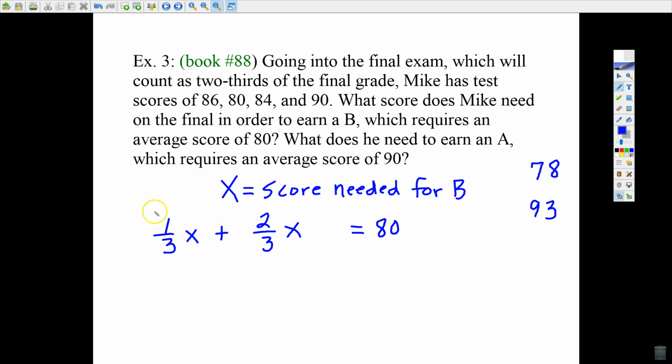Okay, so I'll just break this up for you. This will be like his test scores. And this would be his final exam.